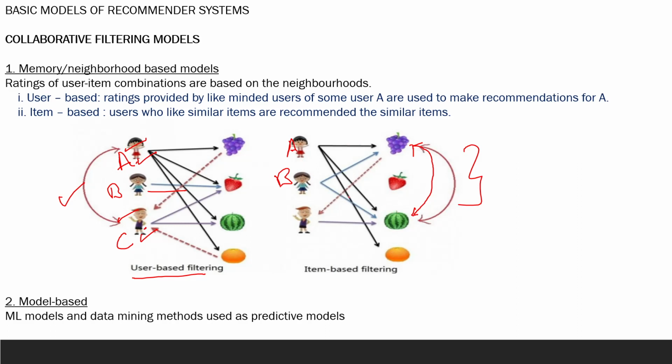Now since watermelon is liked by Barbie and also by Alice, grapes can be recommended to both Alice and Barbie. Since watermelon is liked by both of them, and grapes is similar to watermelon, we can recommend grapes to both of these, is what item-based filtering says. So, I hope you guys understood.